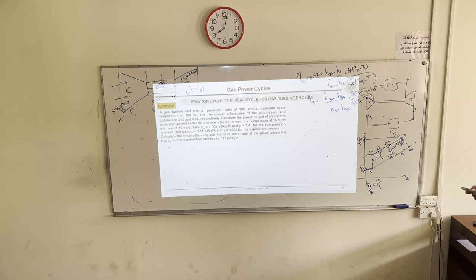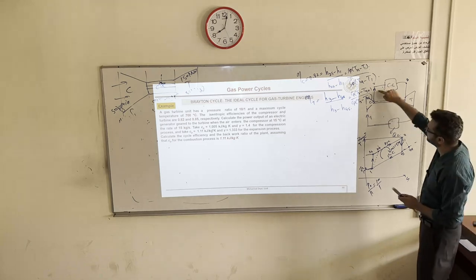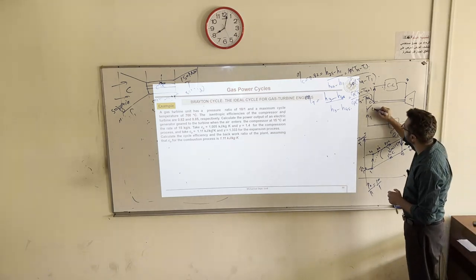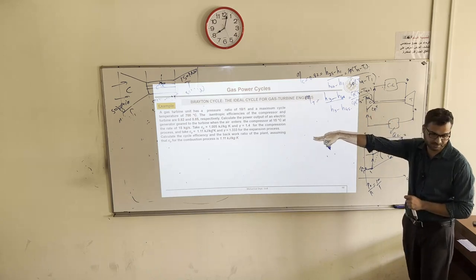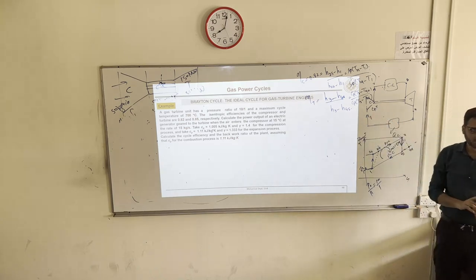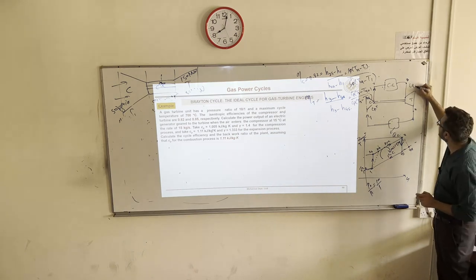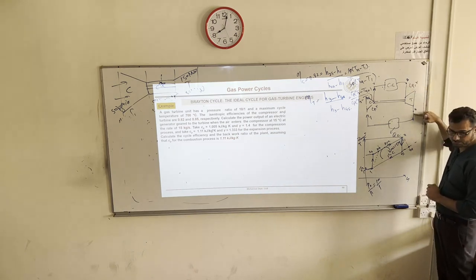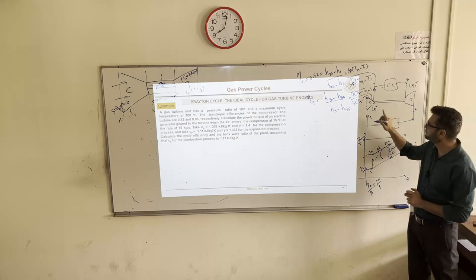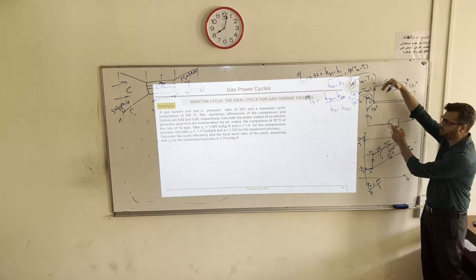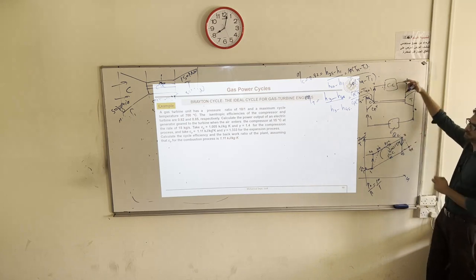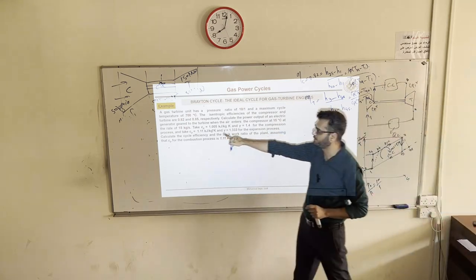Look here, take Cp and gamma for the compression process. For the compression, Cp and gamma are given, and Cp and gamma for expansion separate, two different values. So Cp and gamma for 3 to 4 are different from 1 to 2. Here it's pure air. Here you have mixture of gases. So he is saying take different values of Cp.